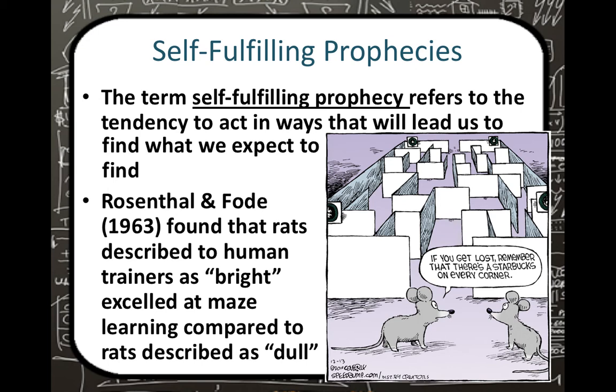So this is where that term self-fulfilling prophecy comes in. Self-fulfilling prophecy has been coined as the label for the tendency to act in a way that leads us to find what we expect to find. Right? If you think that you're smart, you're more likely to perform well on things that you think indicate you're smart.